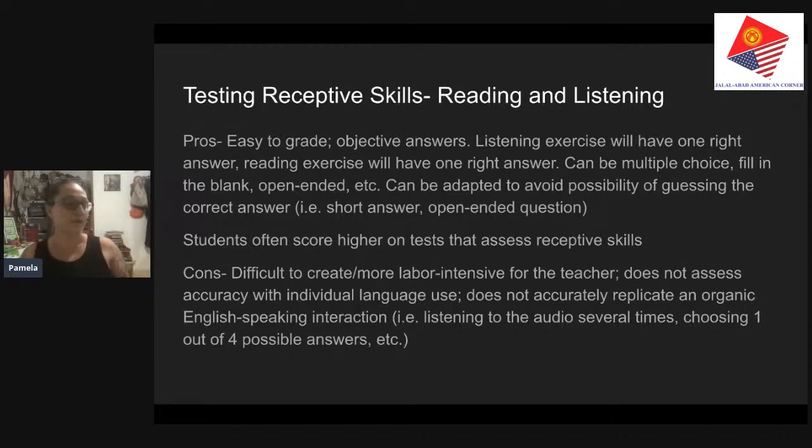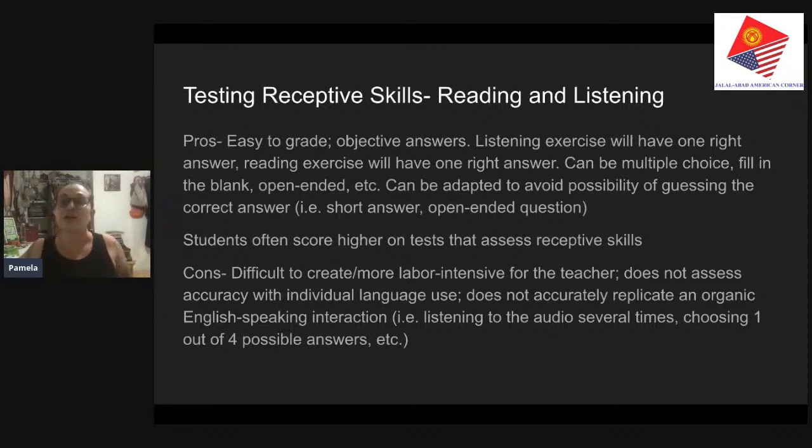So if you have something where they are just listening to something and then answering questions based on what they've listened to, or reading a passage and answering something that they've read, the answer is correct. It's A, B, C, or D, or it's a fill in the blank, or a short answer, whatever. It's very easy to grade. The answers are objective. And you can just go through and say, oh, this person got A and it was B. They were wrong. Very easy, very quick to grade.